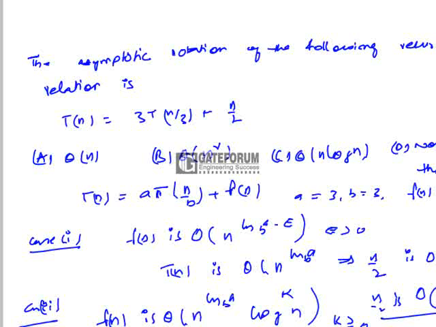So T(n) is theta of n^(log 3 to the base 3), which means n^1. Here we get T(n) as theta of n log n, which is option C.